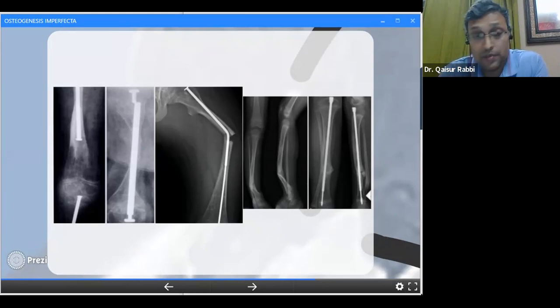The main problem we face is that we need to open the joint to put this male or female rod. For the leg, we need to go through the knee joint, and sometimes we need to fix the ankle also.